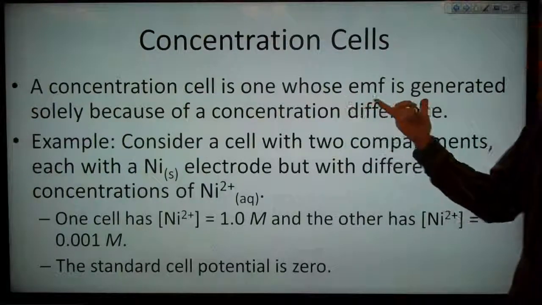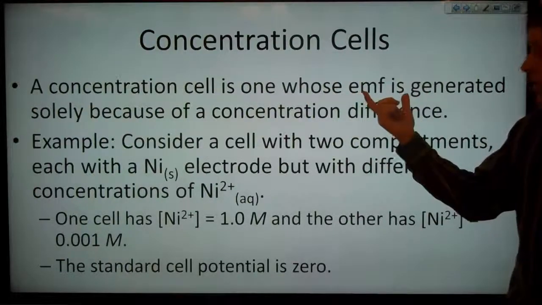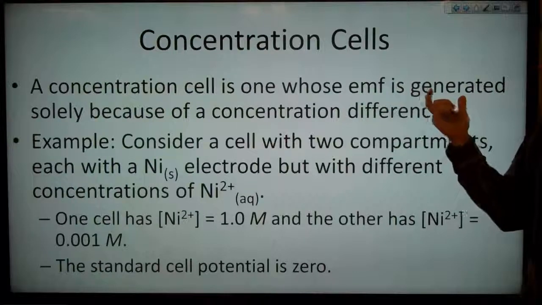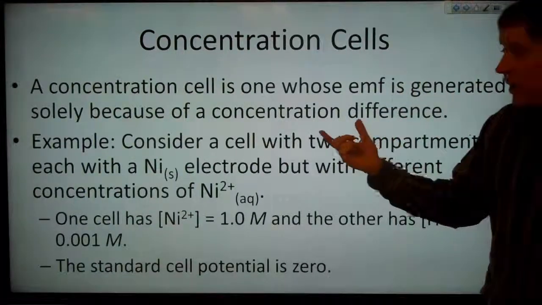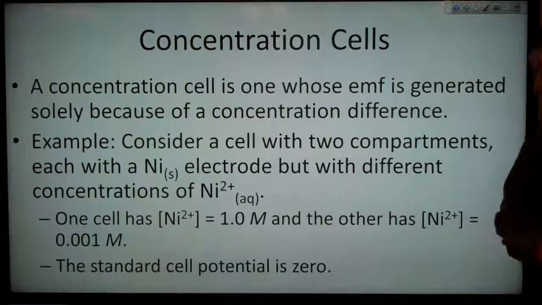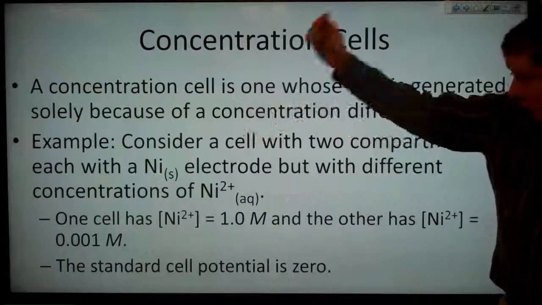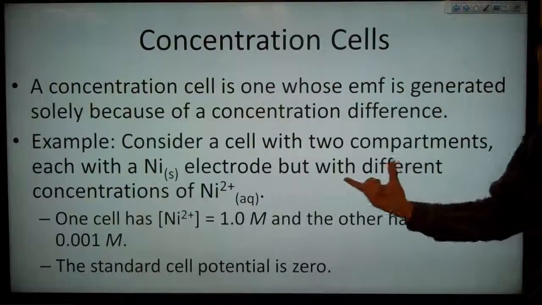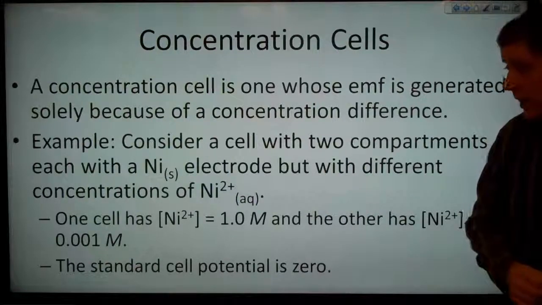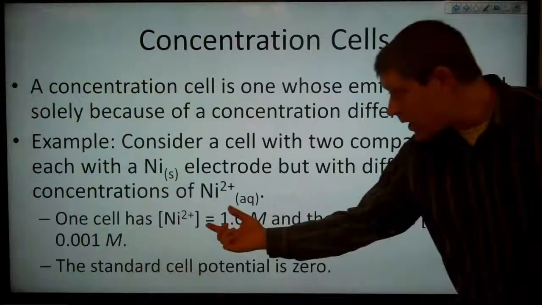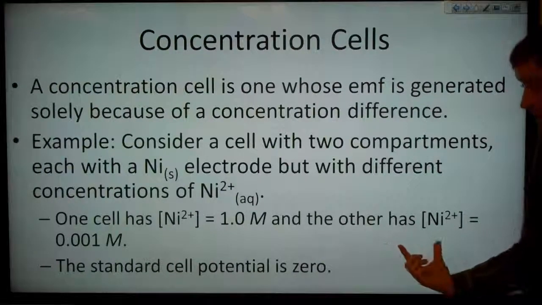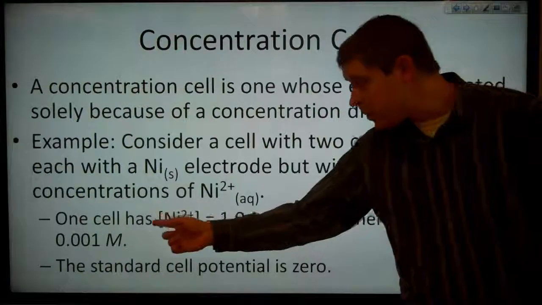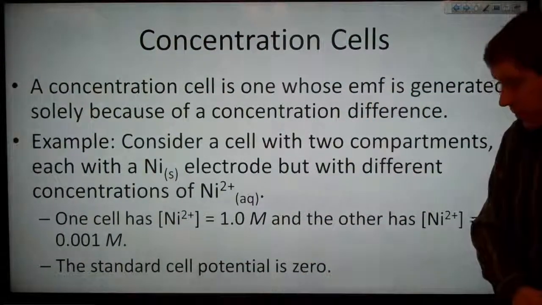Let's talk about concentration cells. A concentration cell is one whose EMF, the electromotive force, cell potential, is generated only because of a concentration difference. So let's look at a cell with two compartments, each with a nickel electrode, but with different concentrations of nickel 2 plus ion. So one cell has nickel 2 plus equal to 1.0 molar, and the other has nickel 2 plus concentration of 0.001 molar.